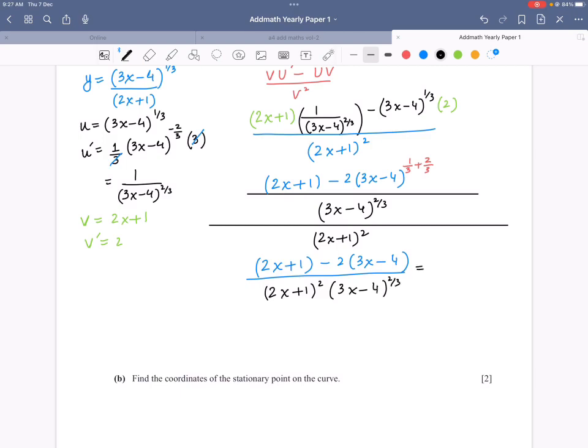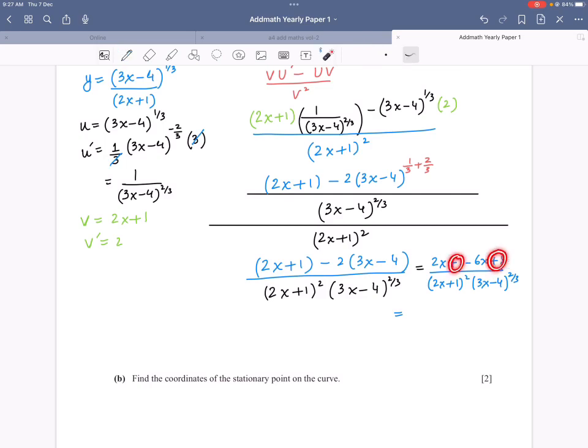Now you can simplify the numerator here. It will be 2x plus 1 minus 6x plus 8, divided by, the denominator will be the same, (2x plus 1) whole square times (3x minus 4) power 2 over 3. Now you can solve them.